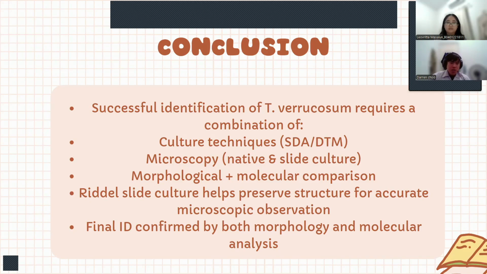For the most accurate diagnosis, combining morphological data with molecular tools such as PCR will ensure distinguishing Trichophyton verrucosum from other Trichophyton species. This approach is essential, especially in veterinary settings where proper diagnosis leads to effective treatment and infection control.